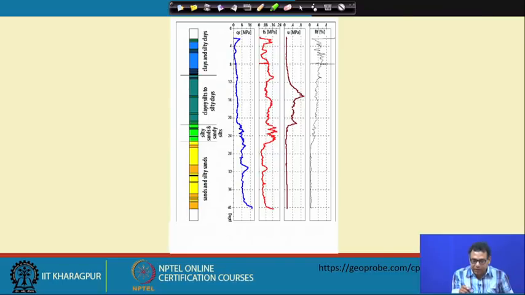Here we can see the variation of cone resistance with depth, the blue one. The red one is the variation of friction resistance with depth. U is the pore water pressure variation with depth, and RF is the friction ratio variation with depth. And these are the different types of soil. So we can get continuous data, and from this data we get these plots.